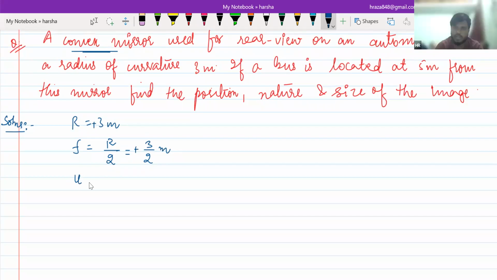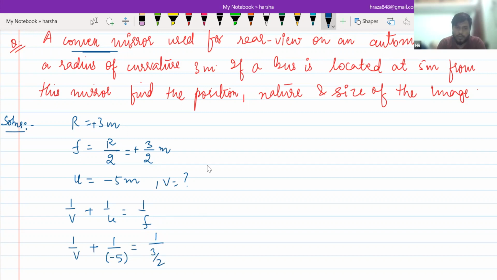Again, object distance u will be minus 5 meter, negative, because it is kept in front of the mirror, and we are going to calculate v. So 1 by v plus 1 by u is equal to 1 by f. Now 1 by v plus 1 by u, that means minus 5, is equal to 1 by f, that means 3 by 2.